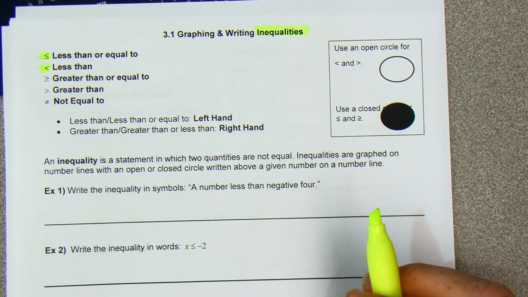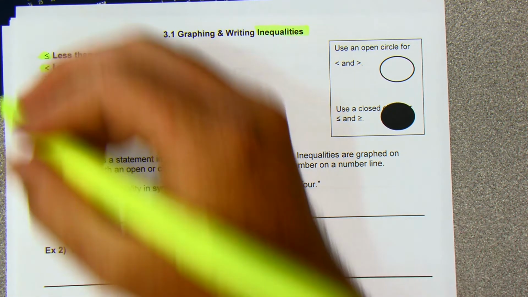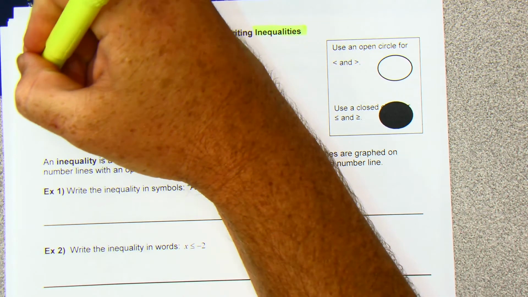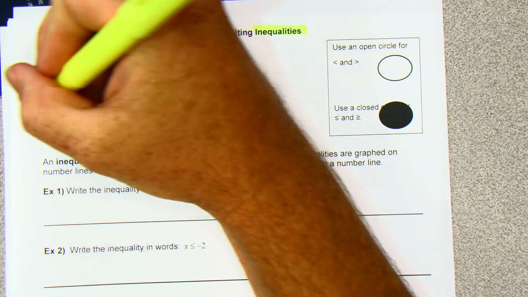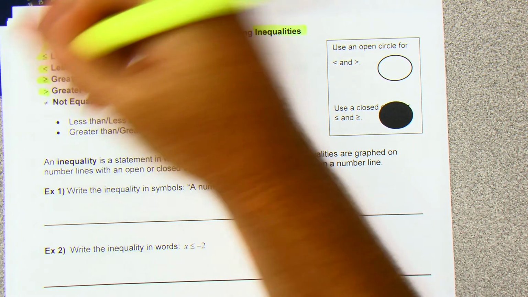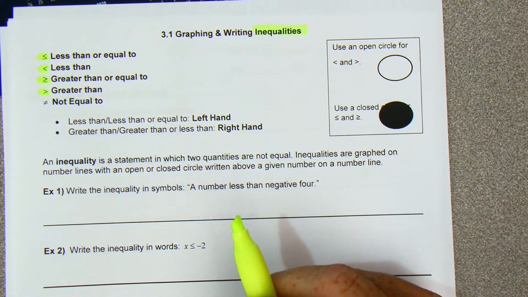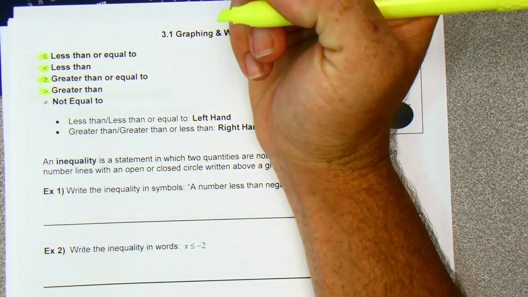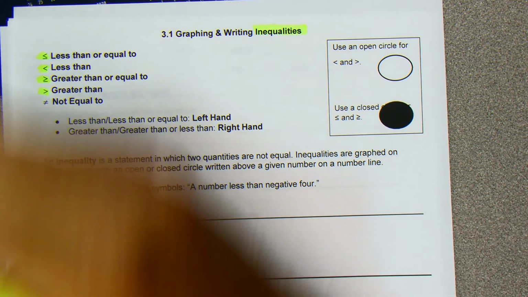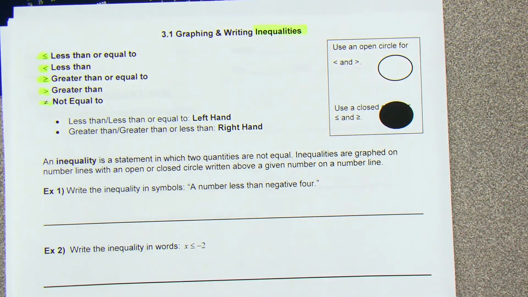So anytime we have our sign with a line underneath it, that means equal to. As you can see, greater than or equal to has the line underneath it, but greater than does not. It's only if it's greater than or equal to or less than or equal to that we have that line. And then if we want to say that something is not equal to each other, we do an equal sign and put a little slash through it, just like that.